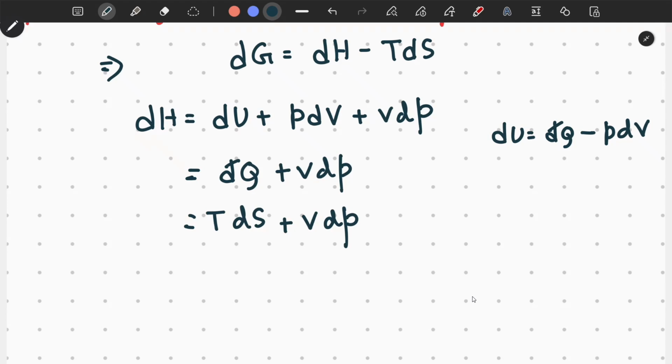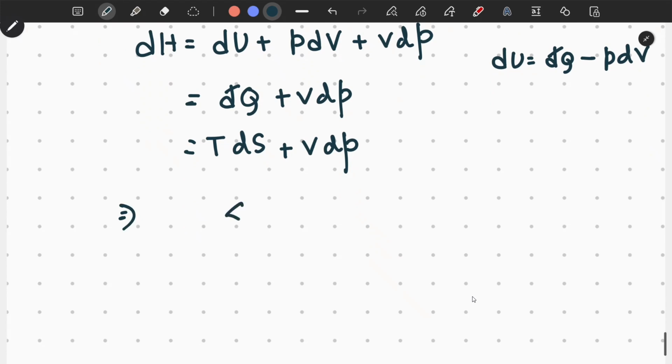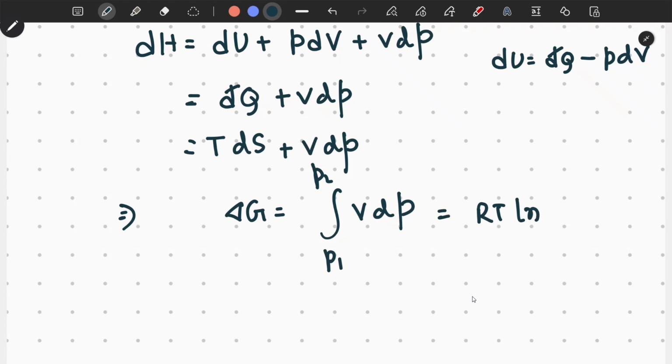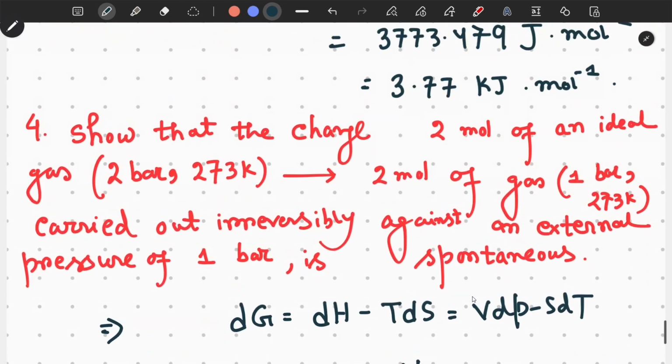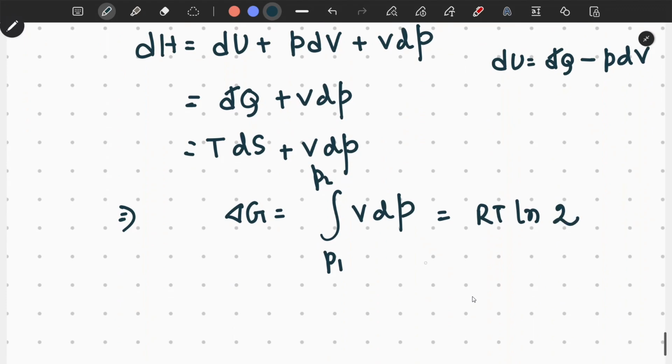Yes, so it's correct. VdP minus SdT. So delta G equals RT ln P2 by P1, with P2 by P1 being 1/2.